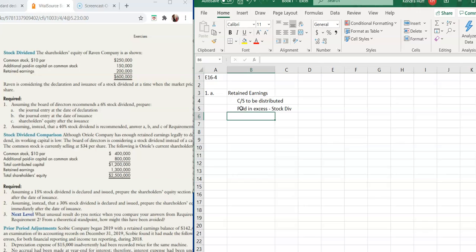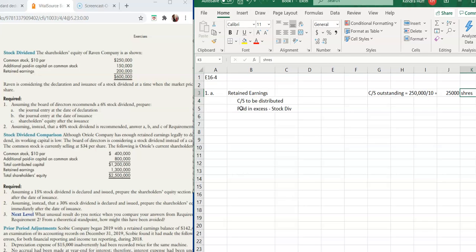Okay, so let's go over here. Common shares outstanding equal 250,000 divided by the $10 par. So we have 25,000 shares right now.